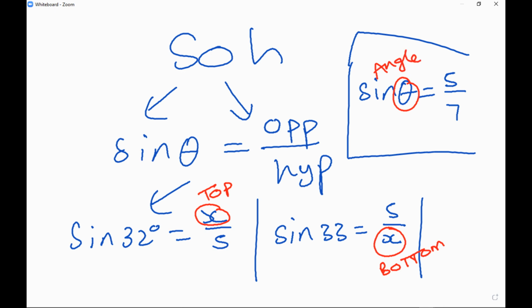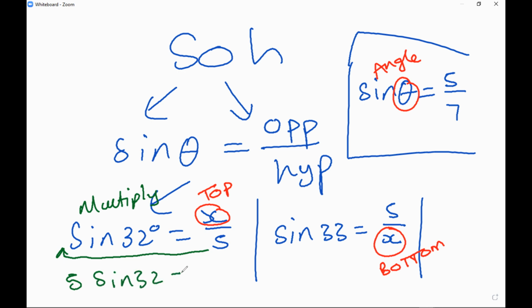For the first one, when you want to calculate the x, you have to multiply when it's at the top. You take the 5 across and you multiply: 5 times sine 32, and that gets you x.